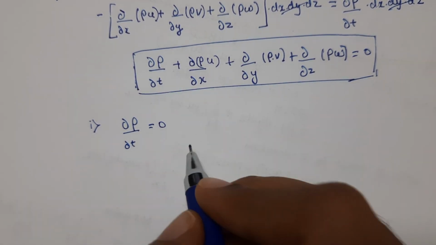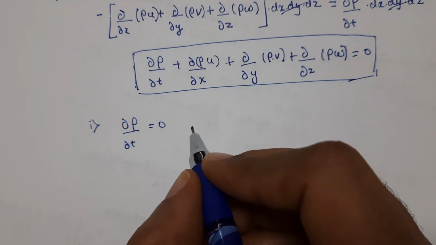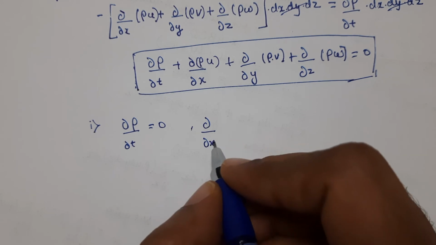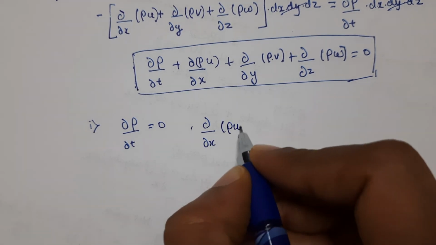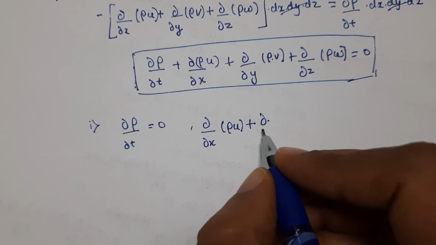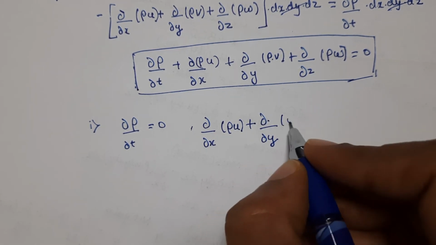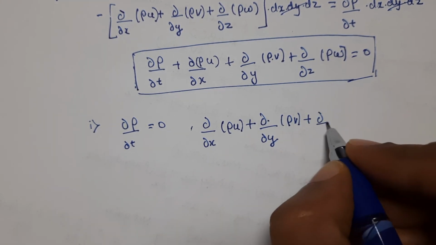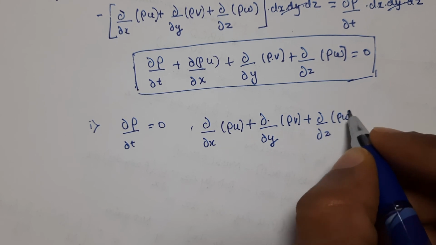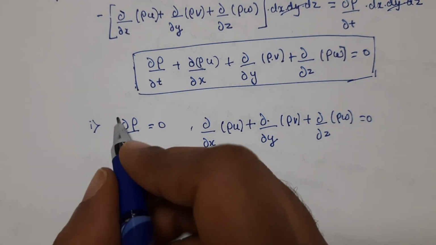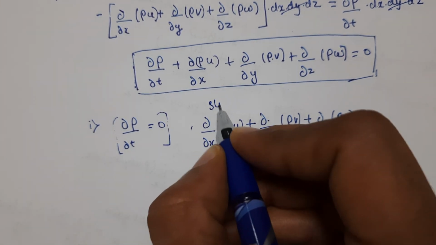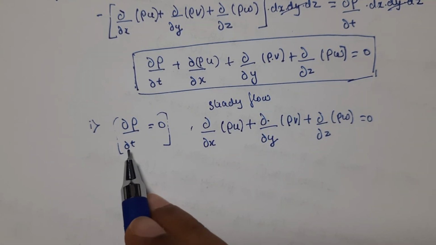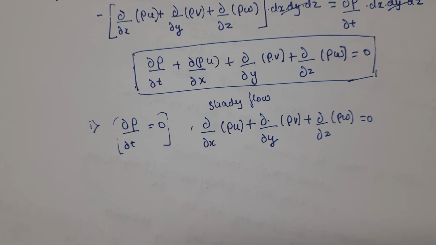Hence we can write this equation for a steady flow as ∂/∂x of ρu plus ∂/∂y of ρv plus ∂/∂z of ρw, that is equal to 0. This is mainly because for steady flow, the change in density is equal to 0.